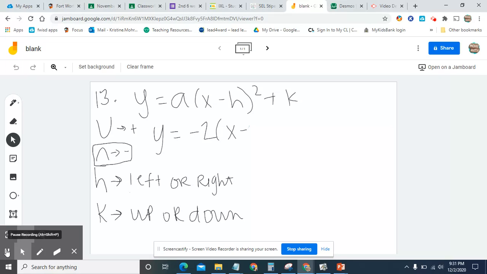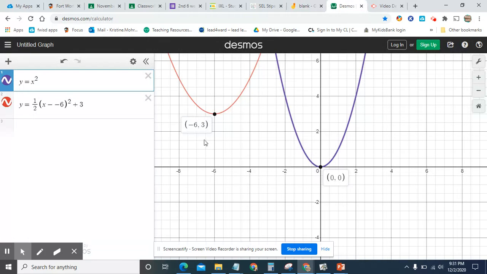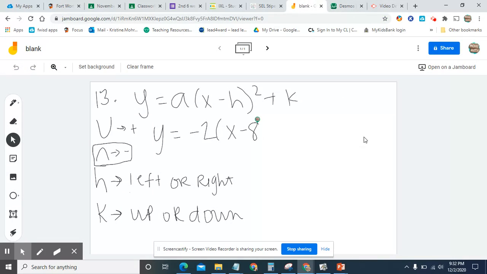Now we need to replace h. It says it needs to shift right 8 spaces. And if we look along our x-axis, shifting to the right moves in a positive direction, so we're just going to say 8. We don't have to put a negative sign or anything, it just says 8.